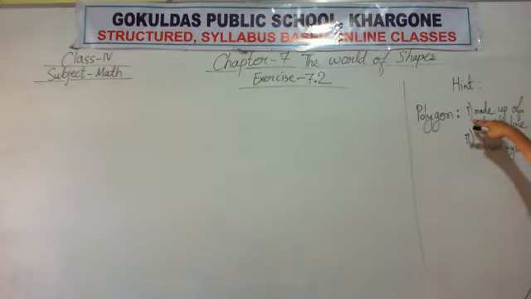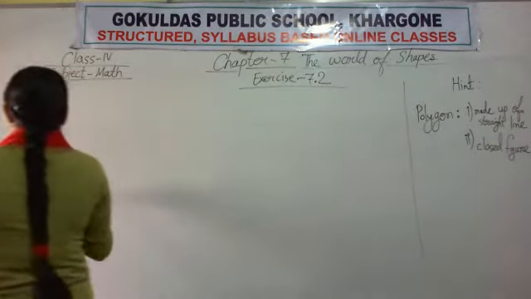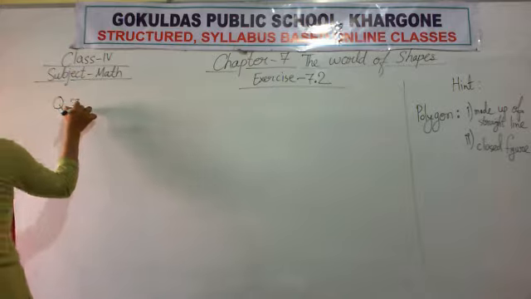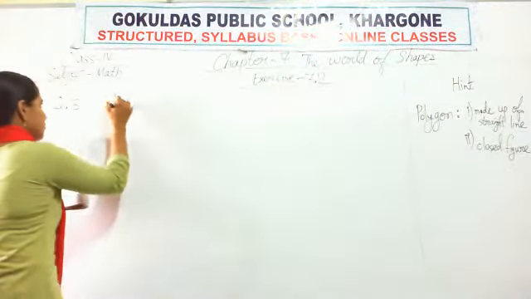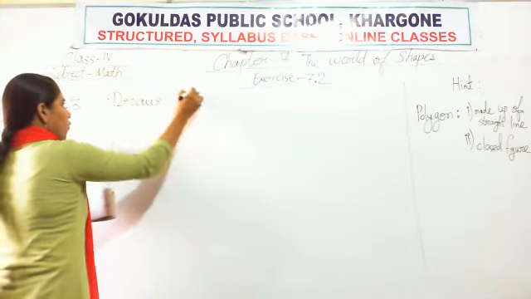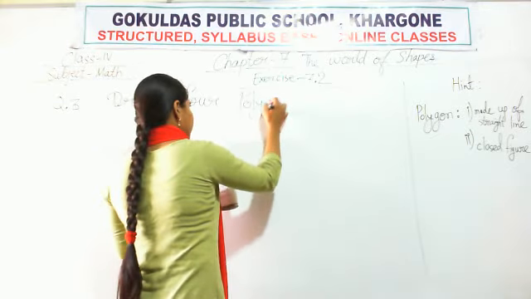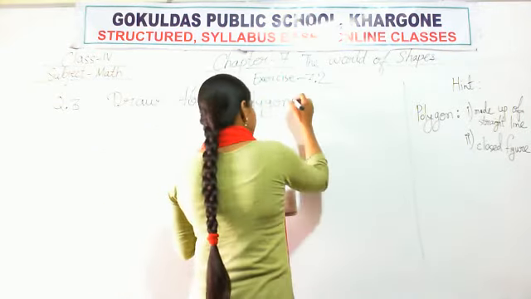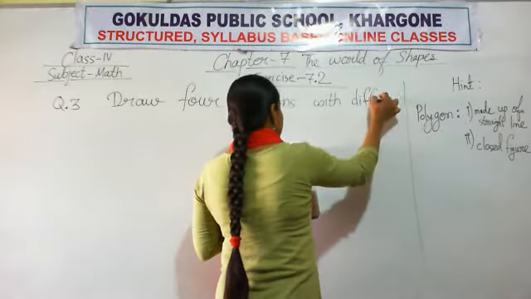These are the 2 conditions for a figure to be a polygon. Now question number 3: draw 4 polygons with different number of sides.